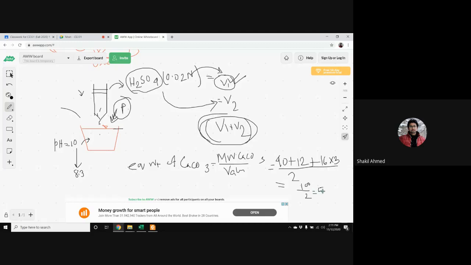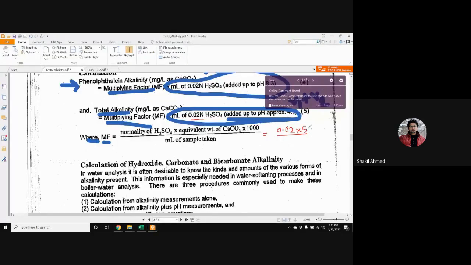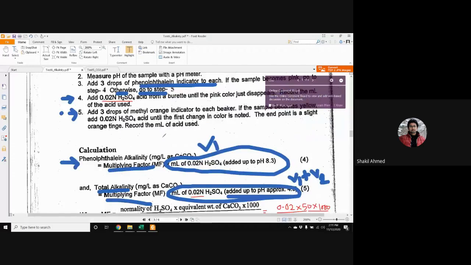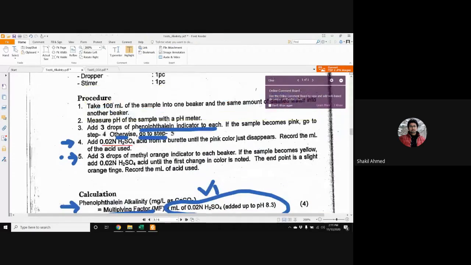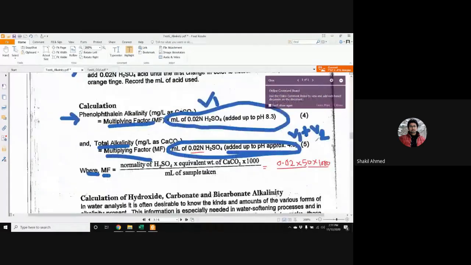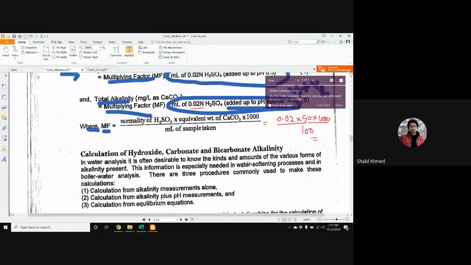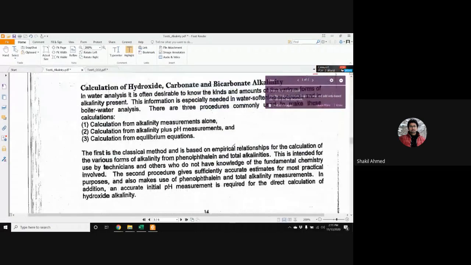This is actually 50. So this is 50 into 1000. So you have a milliliter of sample taken. What's the amount of sample you took? 100 ml. That's it. Okay, so it's done. Is it clear?